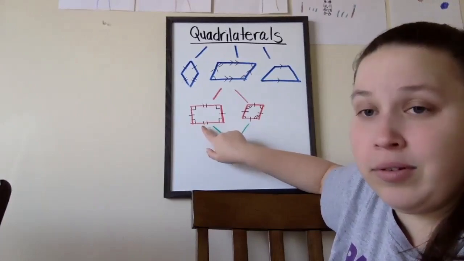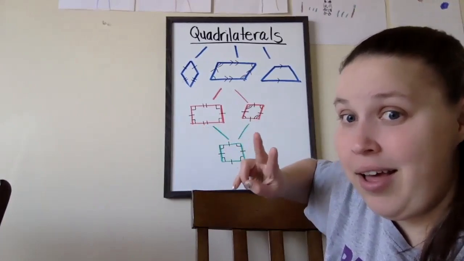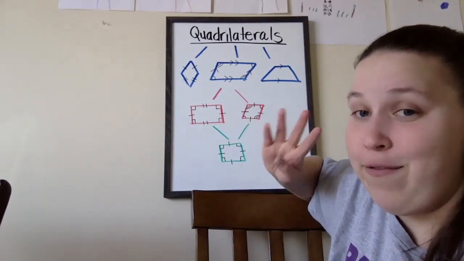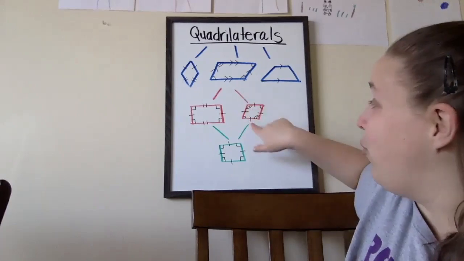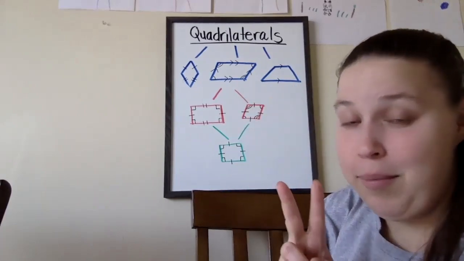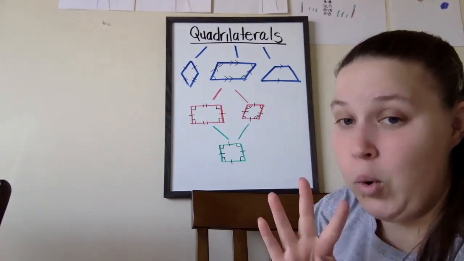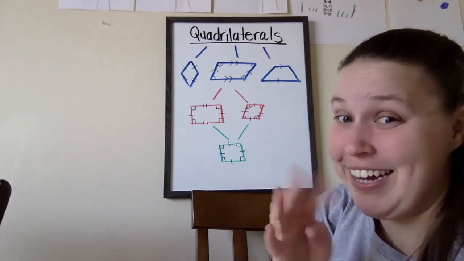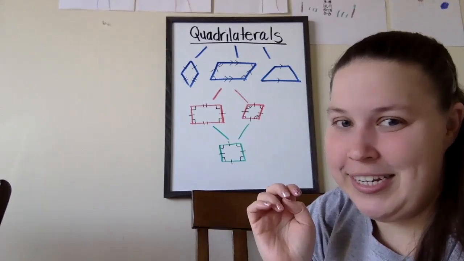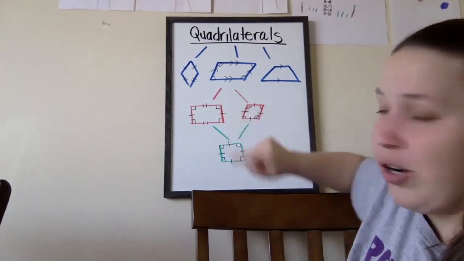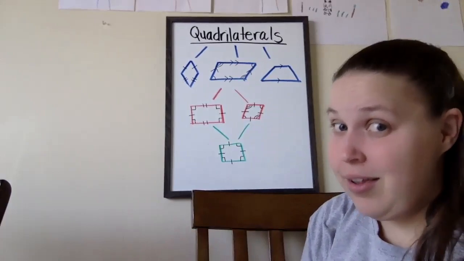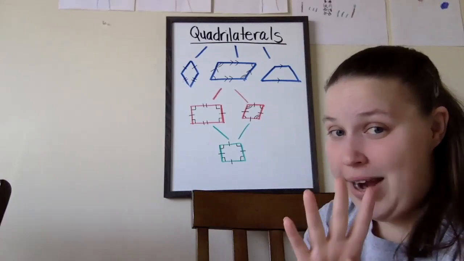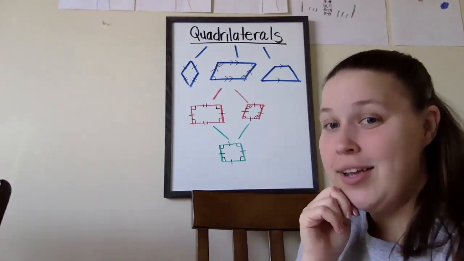A rectangle has two sets of parallel sides, opposite sides are congruent and four right angles. A rhombus, two sets of parallel sides. There's four sides, all sides are congruent and opposite angles are congruent. And then a square, two sets of parallel sides, four right angles, and all sides are congruent.